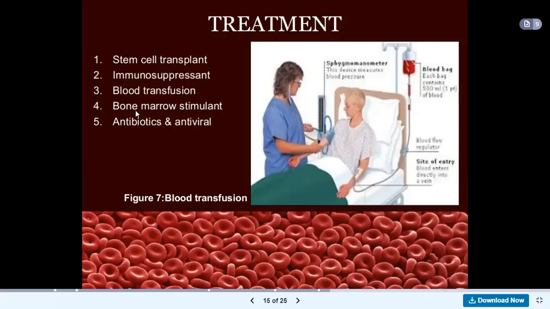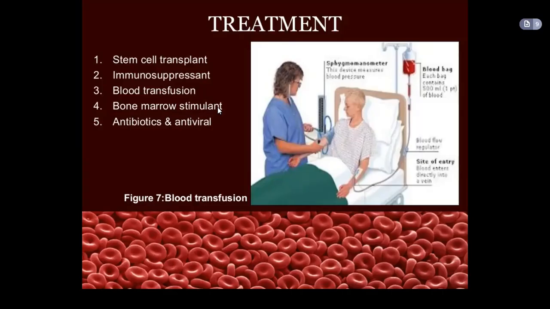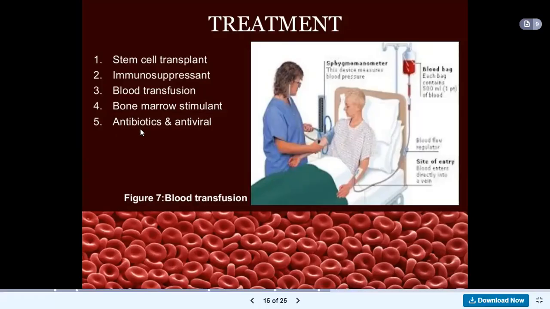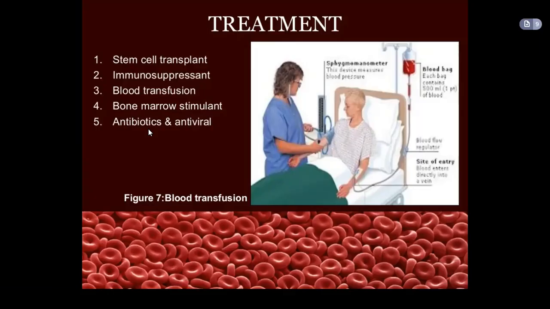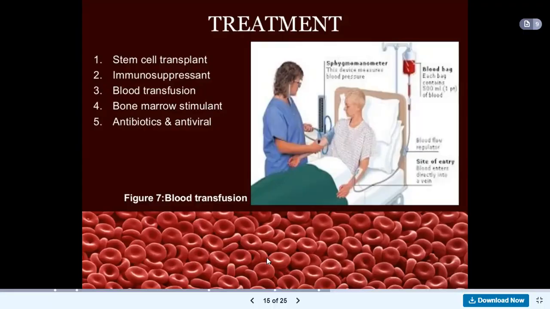Then you could take some drugs, bone marrow stimulants, to stimulate the bone marrow to start producing blood cells again. Then if the aplastic anemia is caused by some viral or bacterial infection, you need to take antibiotics and antiviral drugs to treat those infections.